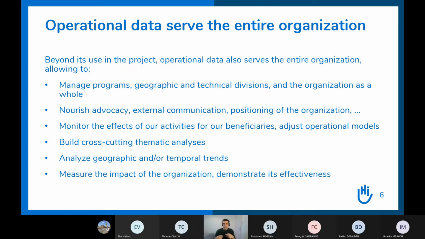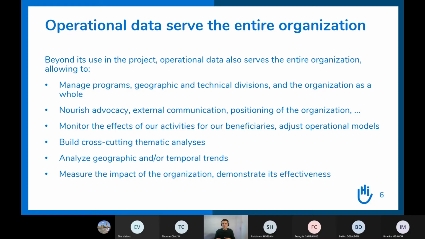Because at some point we need HQ or even the country director, the program director needs to have information about what's happening on the field. And this information, of course, it comes from discussion with the team, but sometimes it also comes from indicators to show us where we are.